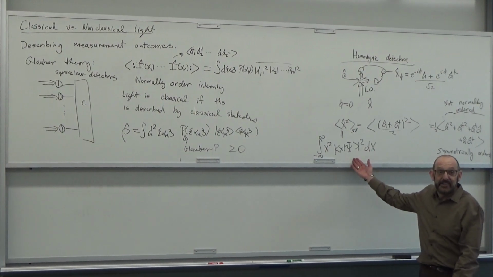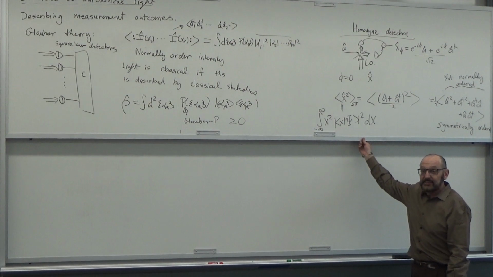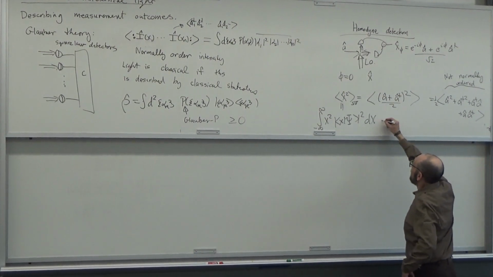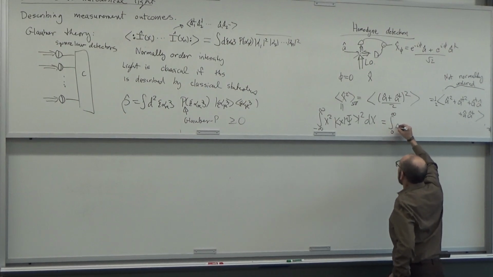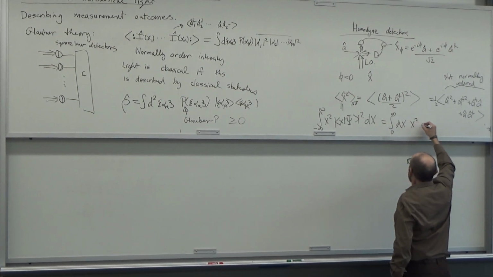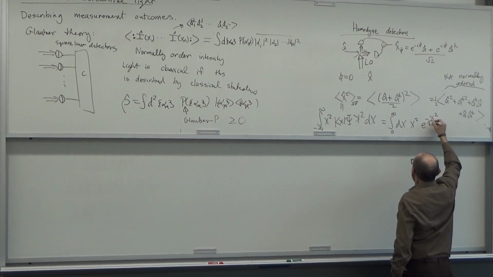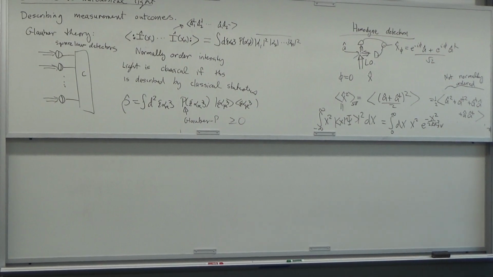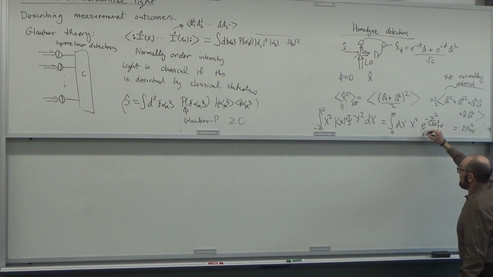This is going to be a Gaussian. We did that. So this itself is going to be equal to whatever the squeezed vacuum is, which will be, in this case, a Gaussian. Now notice, this is an honest-to-God probability distribution.